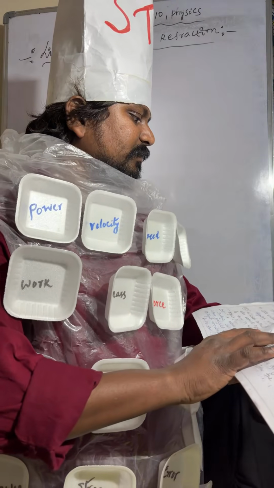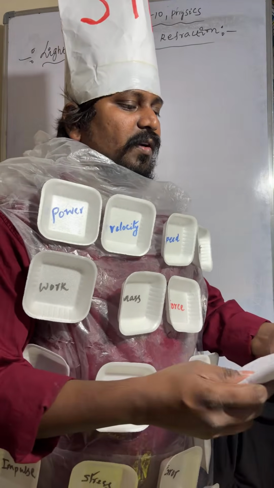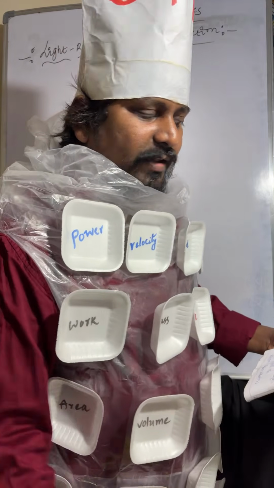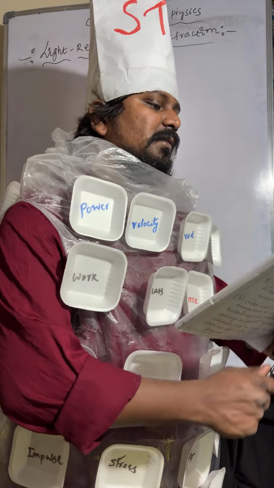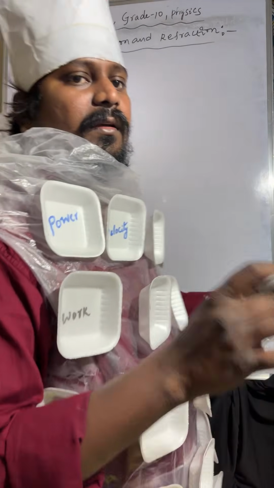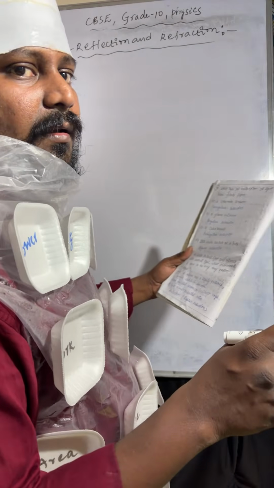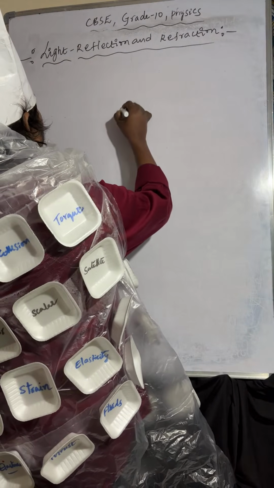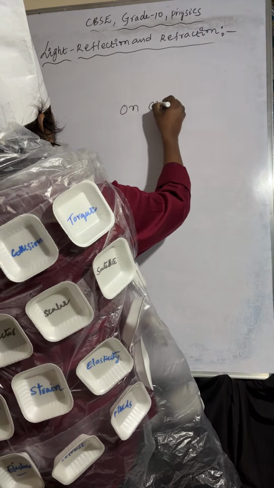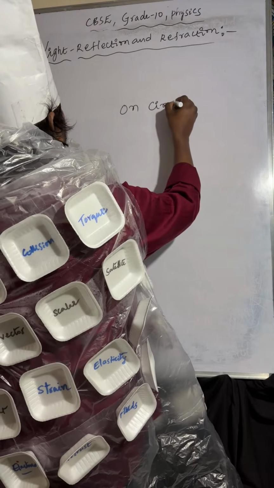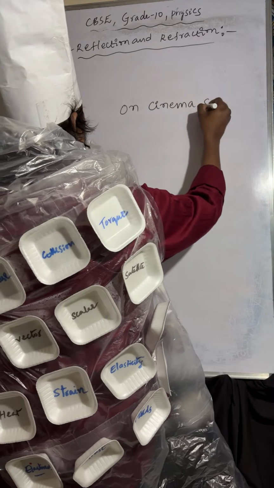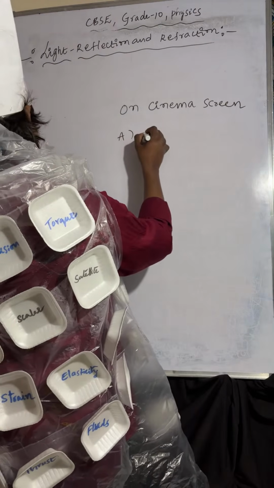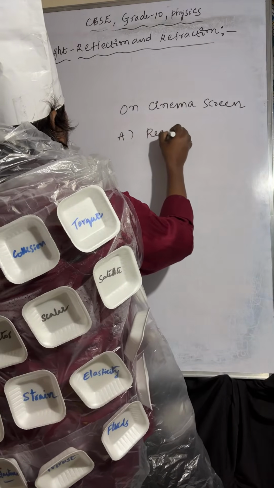So a few questions I need to discuss with you, because from the MCQ point of view they are very important. Now, cinema screen. On cinema screen, what type of reflection? Option A, regular reflection.